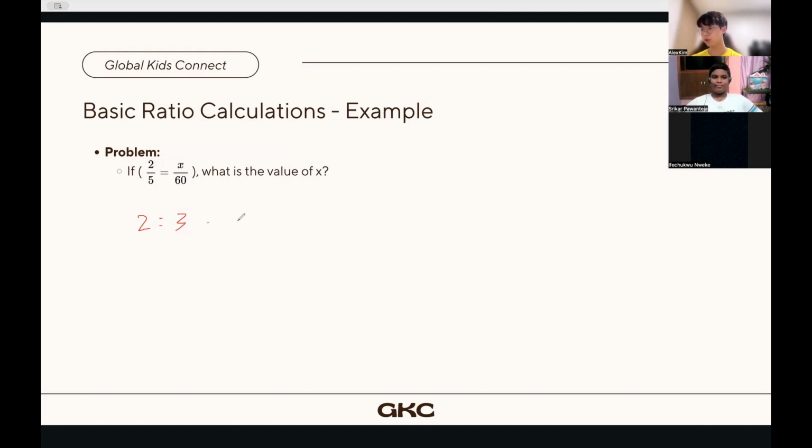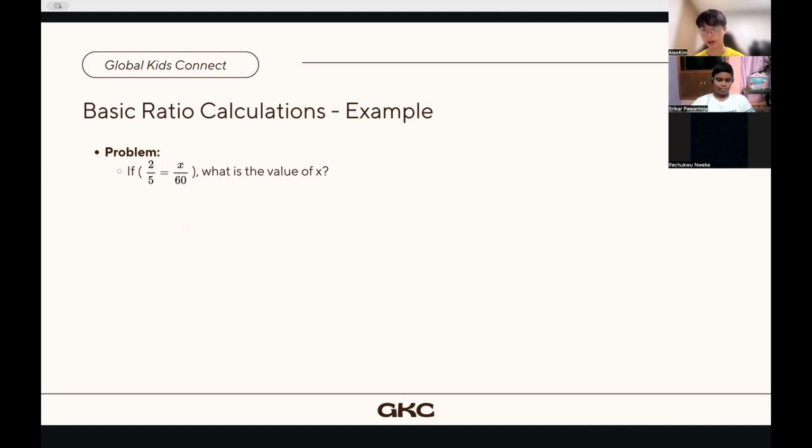However, depending on the question type, it can also be written as 2 over 3. It's just a small thing to remember so as not to get confused, because even if the question gives you a fraction, it's still technically a ratio, and you can use the same ideas and concepts.